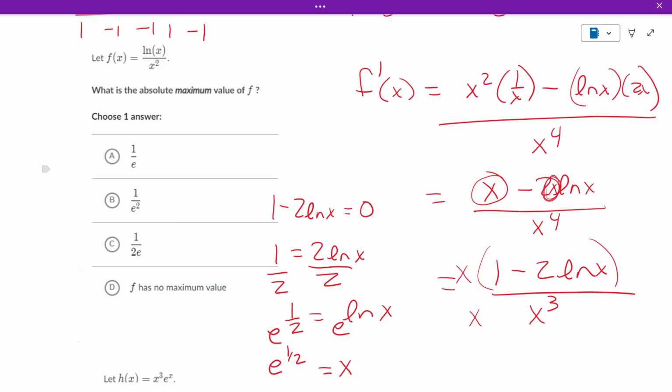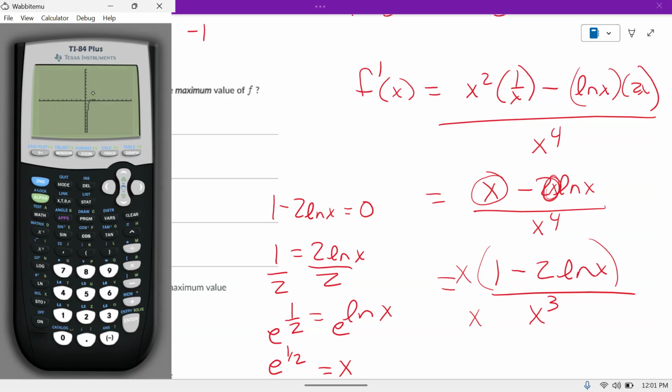So see, on this, you can see where it kind of goes above the axis there. If we go second trace and find the maximum, we go to the right of that little pop over the line there. You can see how it goes higher, and then the y numbers start getting lower. So there's a maximum there somewhere, and it's at 1.648.